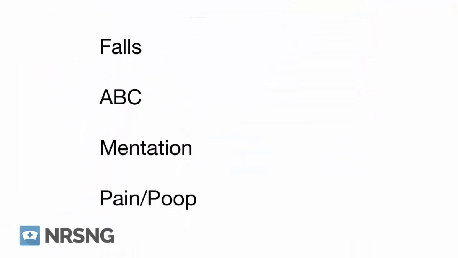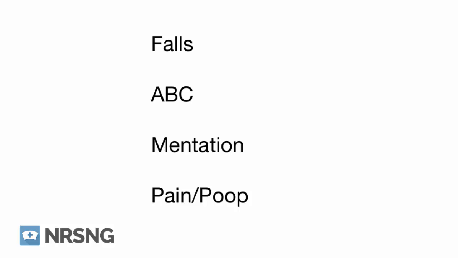And then I wanted to go over these four things here, really five. If you're ever stumped and just really need to have a diagnosis and you can't think of anything, or you're not sure where to go, I always rely on falls, your ABCs, mentation, pain, and poop.